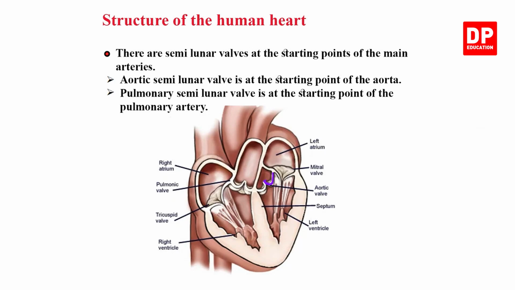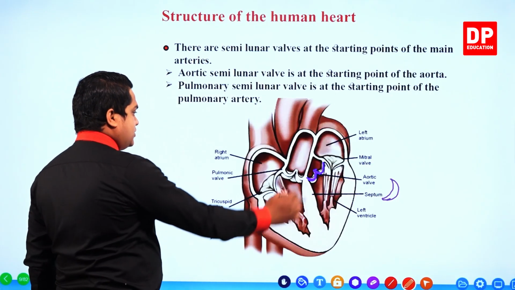I think you can remember, when we discussed the earlier chapter, I told you that these valves are shaped like a moon, a quarter of a moon. So like this, see.